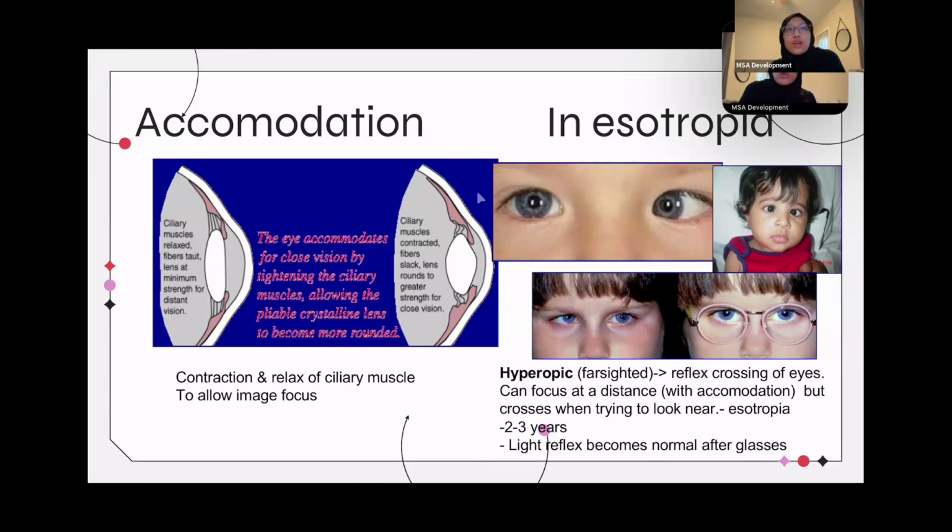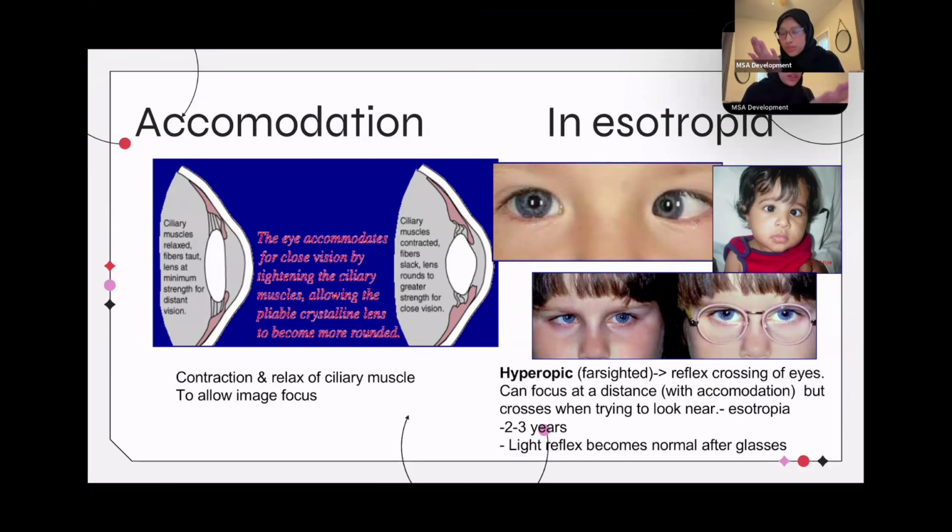In someone with esotropia, let's start with this, hyperopic. For me, for example, I am myopic, which means that I cannot see far objects, I can see near objects. That's why I need glasses for my myopia. Someone who is farsighted, like an elderly person, they can see far objects, right?